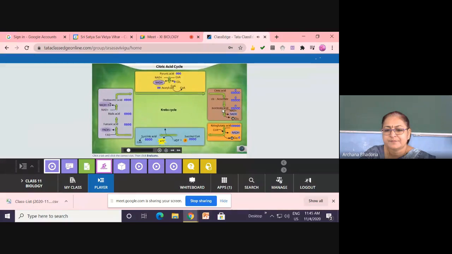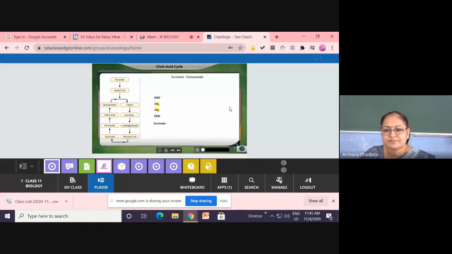The energy stored in the pyruvate molecule is extracted in the 5 stages of the Krebs cycle. Click a tab to learn more. Succinate is dehydrogenated by succinate dehydrogenase to form fumarate. In this step, FAD is reduced to FADH2.